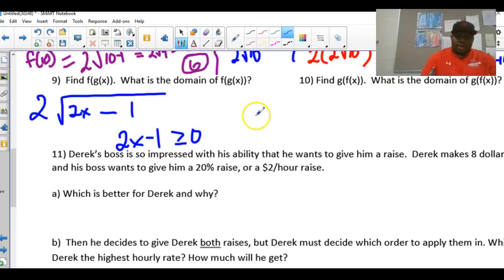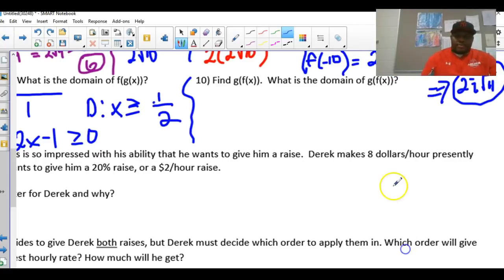I will add 1 and then divide by 2. So the domain here, guys, if you add 1 and divide by 2, you'll have x is greater than or equal to 1/2. All right. Greater than or equal to 1/2. Because even if you put 1/2 here, it'll work. The square root of 0 is 0. All right. So that's your domain restriction.